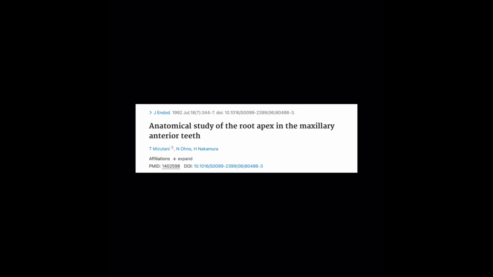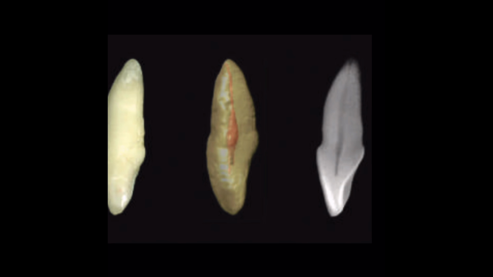Mizutani et al. have found that 17% of centrals have the apical foramen coinciding with the root apex. That means in the majority of cases, the apical foramen is displaced, mostly distolabially. What can we infer from that?